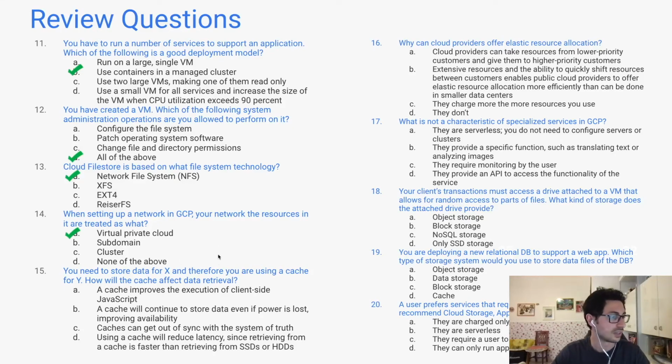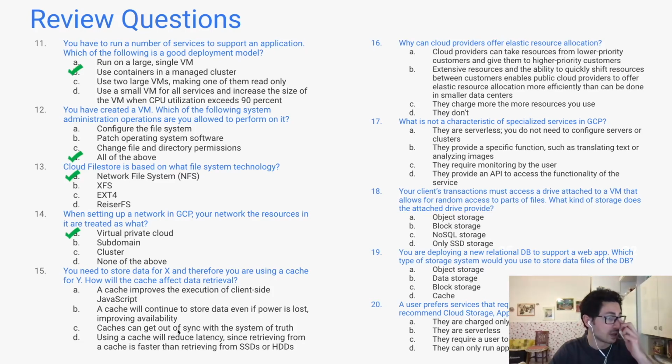You need to store data for X, and therefore you're using a cache for Y. How will the cache affect data retrieval? A cache improves the execution of client-side JavaScript? No, we don't even know if the cache is on the client or not, so no. A cache will continue to store data even if power is lost, improving availability?